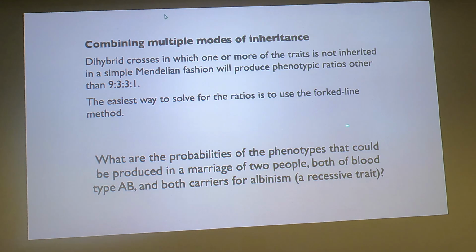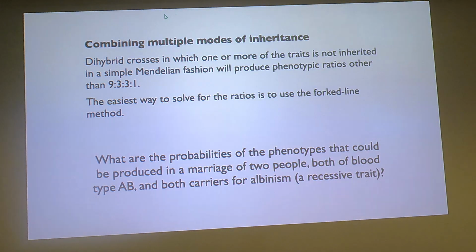The easiest way to solve for these is just use the fork line method. And I will hammer on this again. These problems, I could make them incredibly hairy. I could invent such elaborate, complicated, multi-part questions. But you shouldn't be intimidated by them, because what you always do with these, you just split them down into single loci.